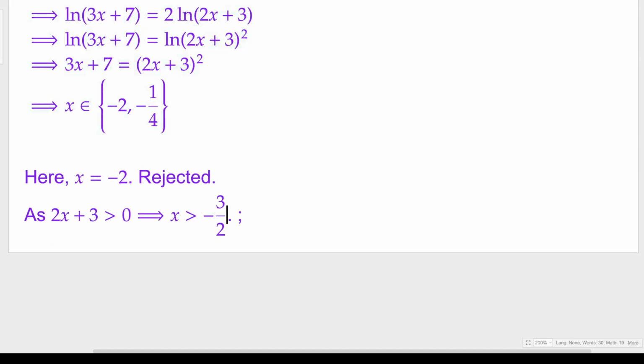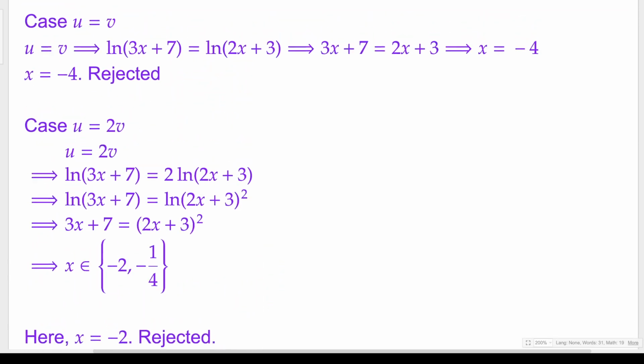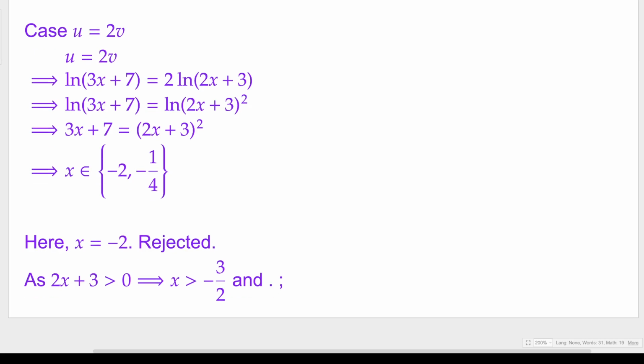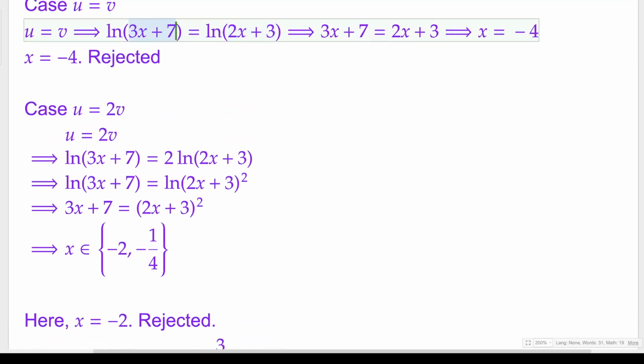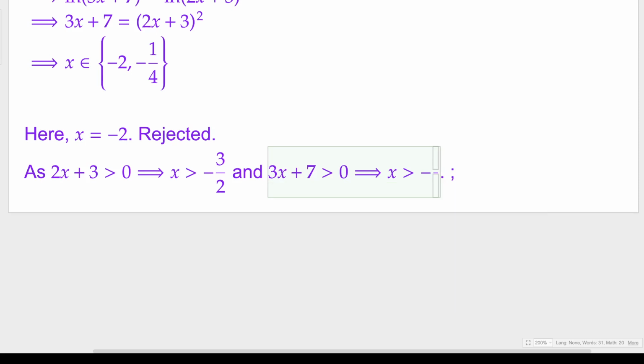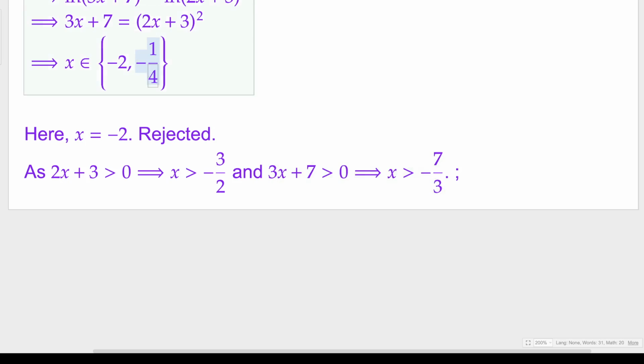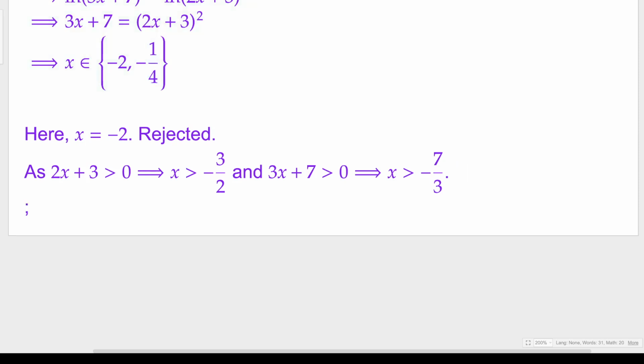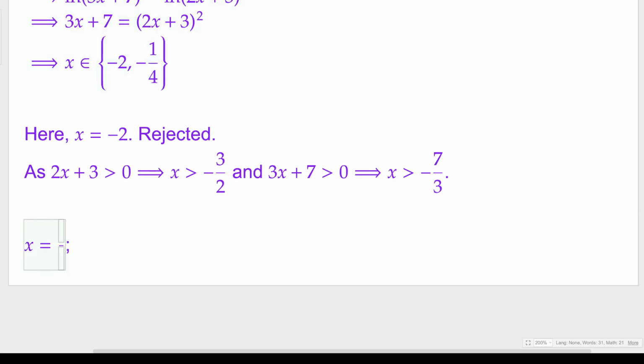This is a factor that we have to mention clearly, that this particular quantity 2x plus 3 is done. Now if I also talk about this 3x plus 7, this also has to be greater than 0. So that means x must be greater than negative 7 by 3, and if you observe, negative 1 by 4 is the only one which satisfies this. So therefore the acceptable value for x will be negative 1 by 4.